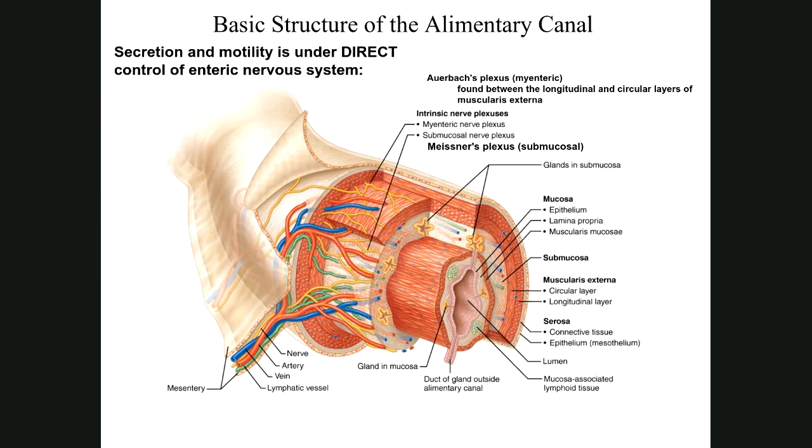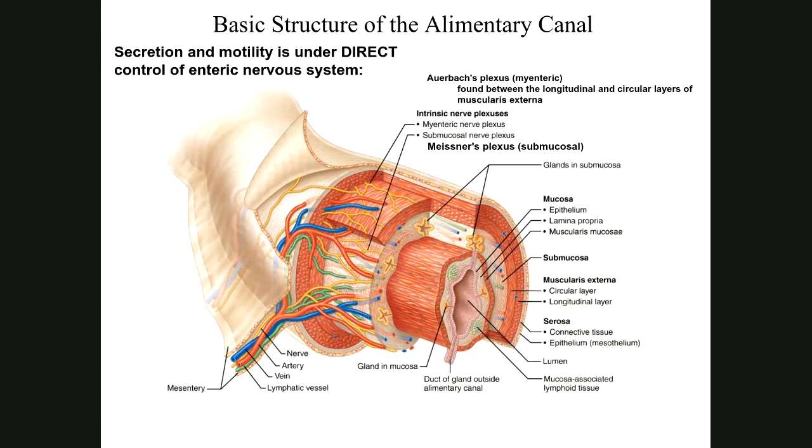We're going to see another nerve plexus, which is the myenteric nerve plexus. This one is found between the longitudinal and the circular layer of the muscularis externa. I am coming to this one right now.